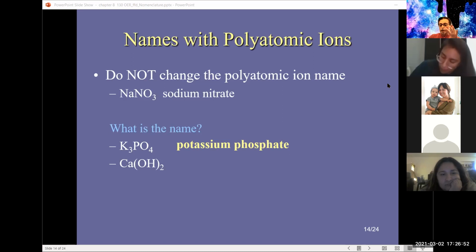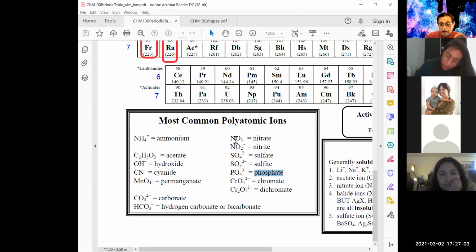Let me pull up the polyatomic ion table. If you notice the nitrate, the nitrite, the sulfite over here on the right, we have just a single nitrogen, single sulfur, single phosphorus. So it's 1. If there was a 2 or any number other than 1 for the nitrogen or the sulfur or the phosphorus, then there'd be something else completely.